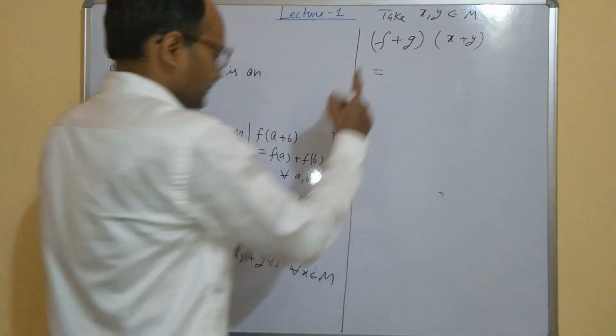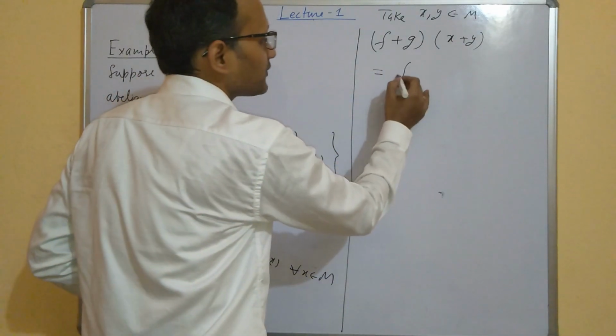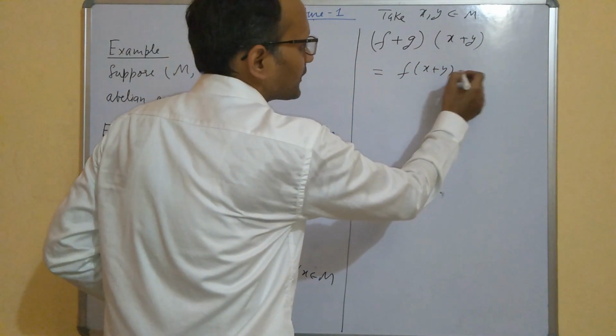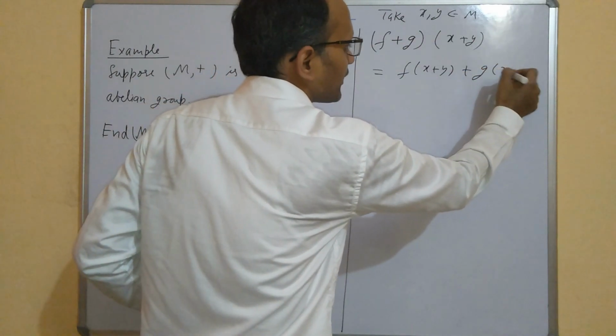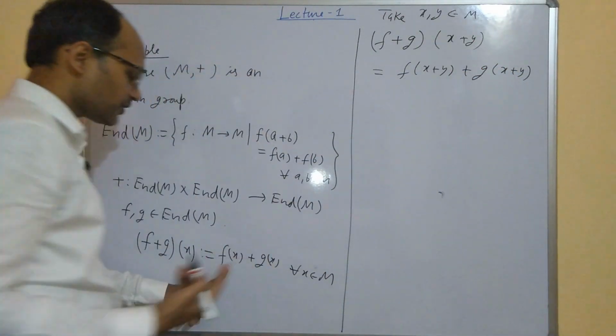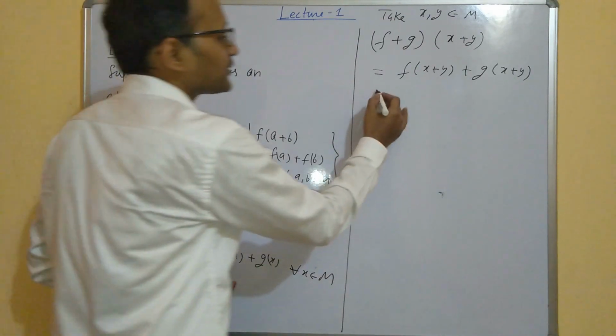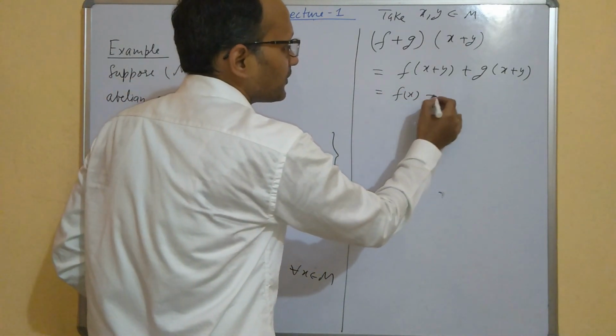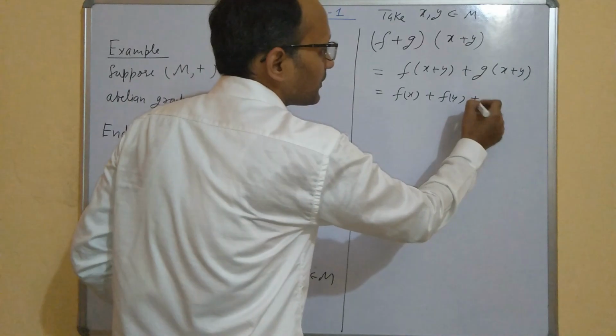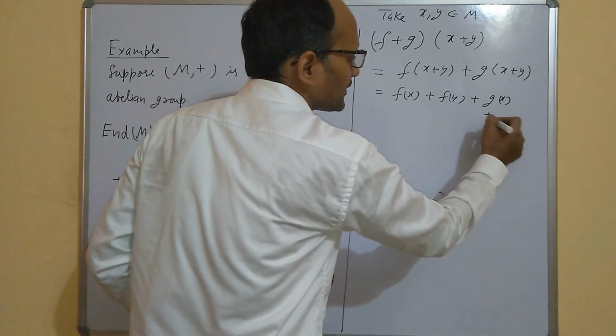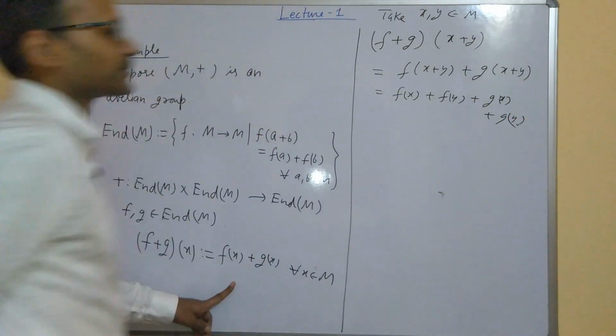By definition this is f(x + y) + g(x + y), but f, because it is a homomorphism, so f(x + y) is f(x) + f(y) + g(x) + g(y). We can write it like this.